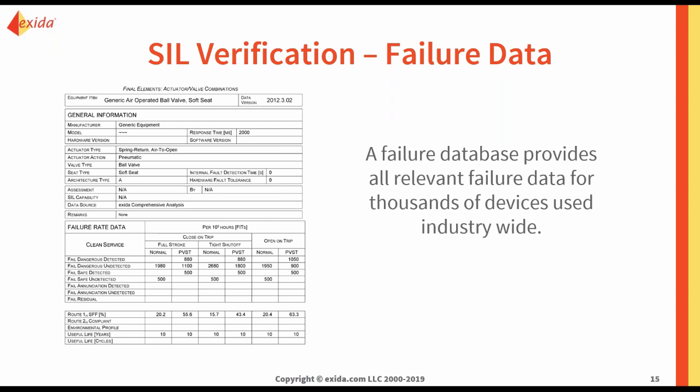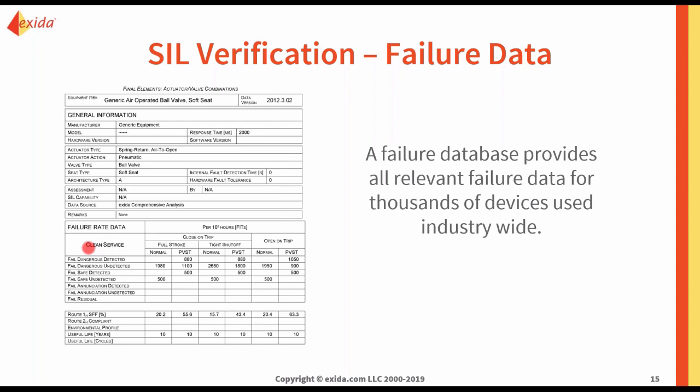So if I use a highlighter, you can see here we have a response time, we have the architecture type, and then for this ball valve, we have a couple different options. This is the clean service set of data. We also have a severe service set of data. That basically means, are you using the device in an application that it was manufactured for, or are you using it in an application that maybe it wasn't manufactured for?